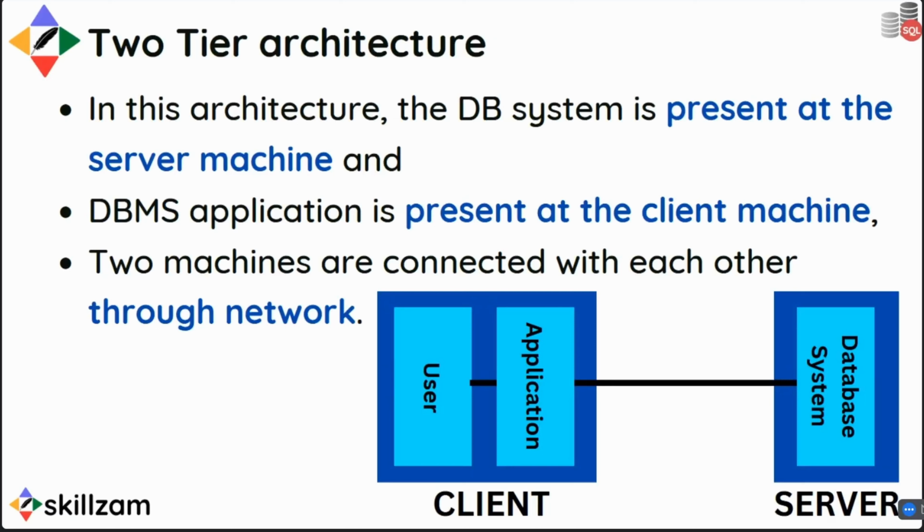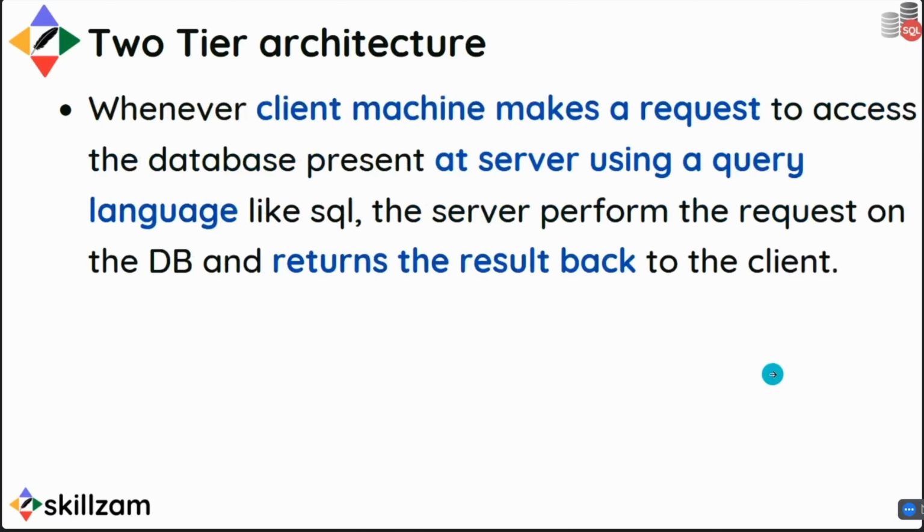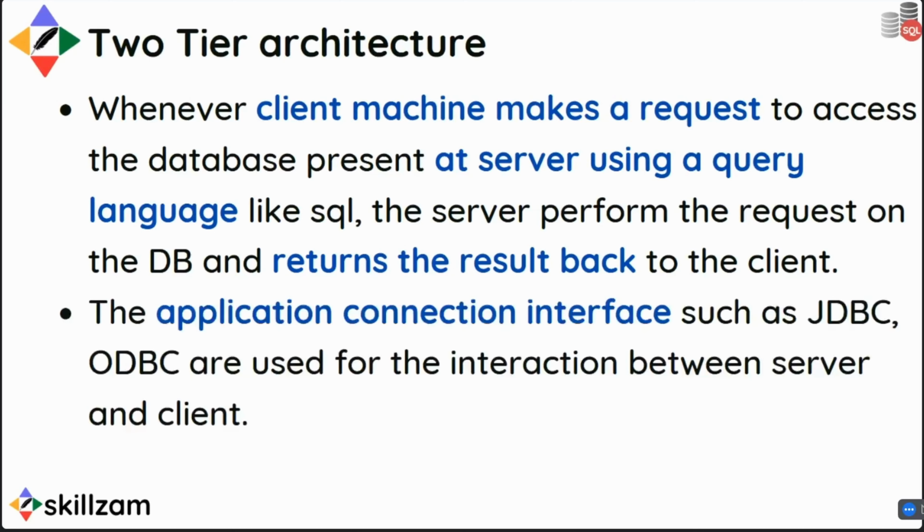It will select all the rows that exist in the table customer. So the client machine makes a request to access the database at the server using a query language like SQL. Once the server receives the request, it responds back with the result to the client. That is what happens in a two-tier architecture.